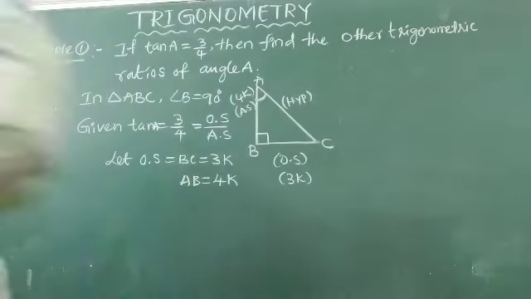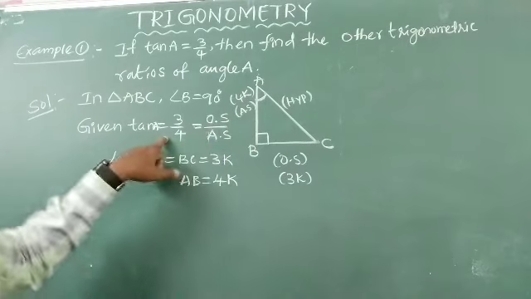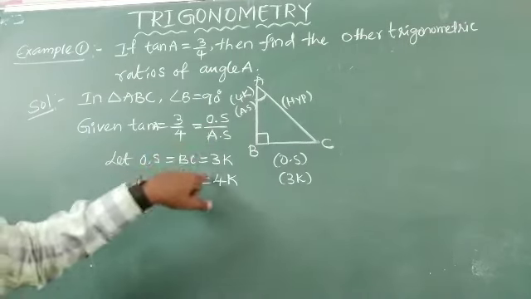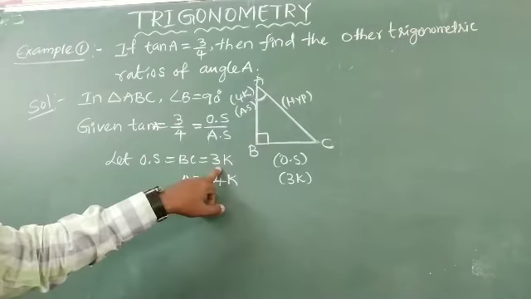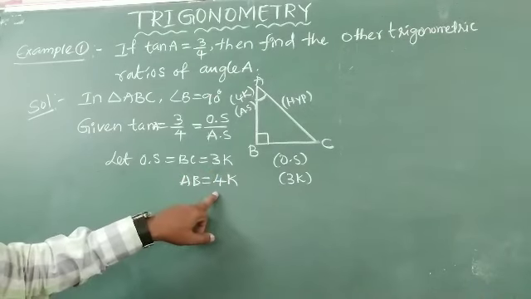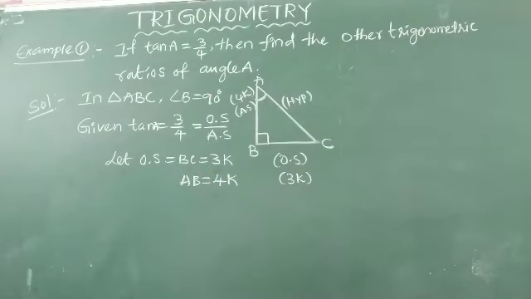Again the ratio 3K by 4K, K gets cancelled, is 3:4. So if the opposite side is 3 times K, then the adjacent side becomes 4 times K.